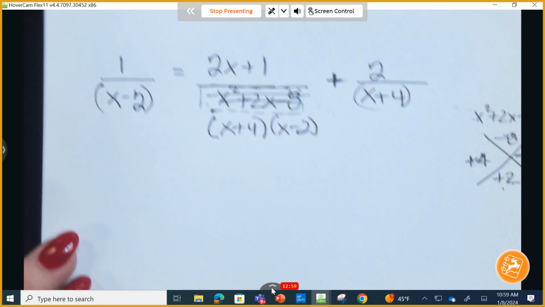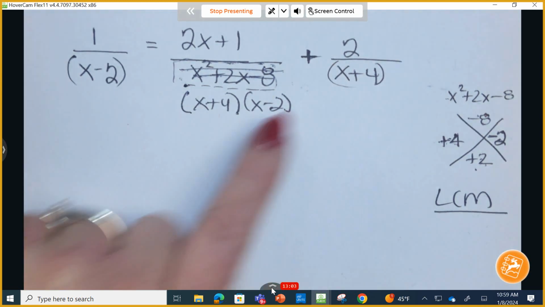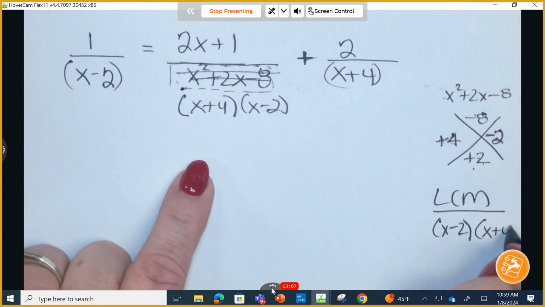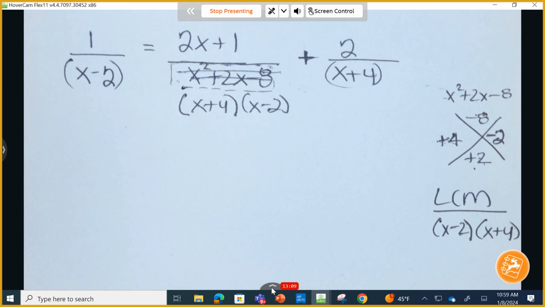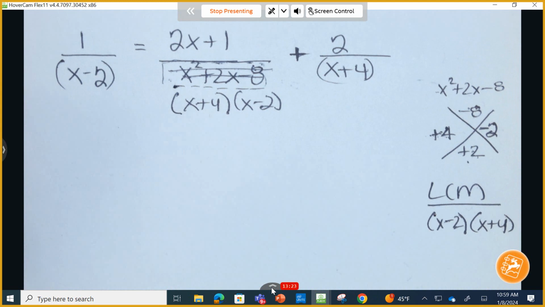Now our next thing is going to be to rewrite it. So let's find that LCM. Okay, I can see that we want to have a group of x minus 2 and we want to have a group of x plus 4. We want to have a group of x minus 2 and x plus 4. Okay, so I'm going to multiply this times x plus 4.